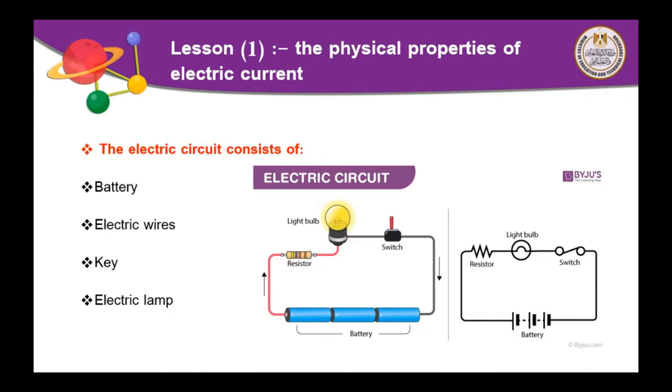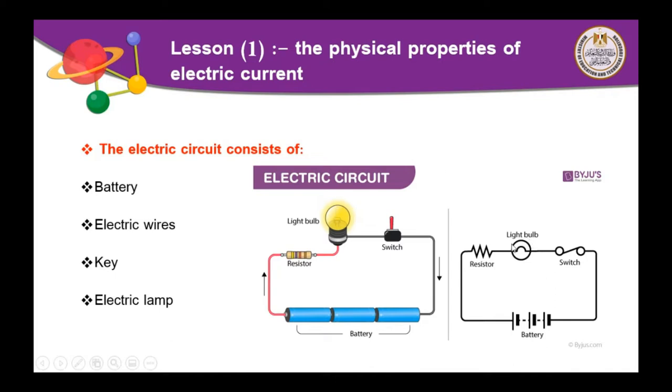From this we can conclude that there are many components of the electric circuit. One of them is called the battery. Number 2, electric wires. Number 3, key. Number 4, electric lamp. How can we represent all of these in the electric circuit?